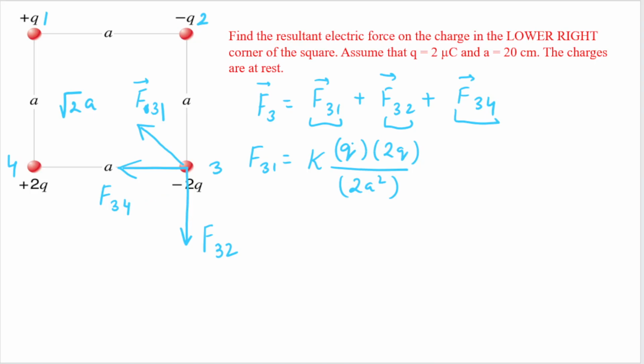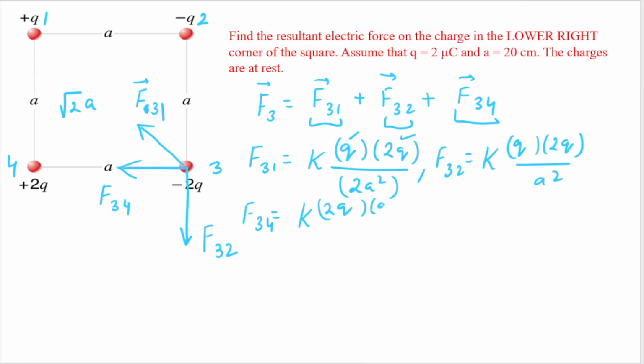Furthermore, notice when I am writing charges Q1 and Q3, I am not including the sign of the charges. Similarly, it is a trivial matter to write F32 equal to K Q times 2Q divided by A square, and F34 equal to K times 2Q times 2Q divided by A square.